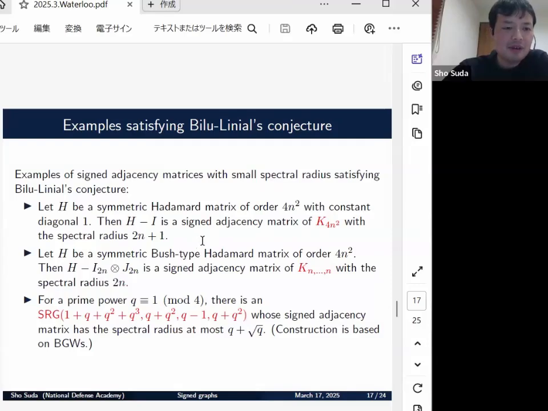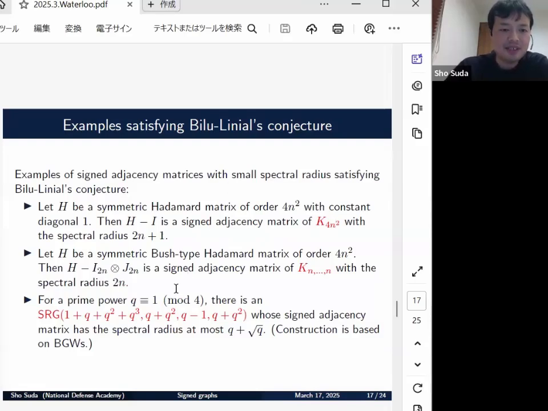The first one comes from the symmetric Hadamard matrix with constant diagonal 1. If we subtract the identity matrix from that, this can be regarded as a signing for the complete graph on 4n squared vertices, and we can explicitly calculate its spectral radius, which is equal to 2n plus 1, and also our signing satisfies the bilinear conjecture.